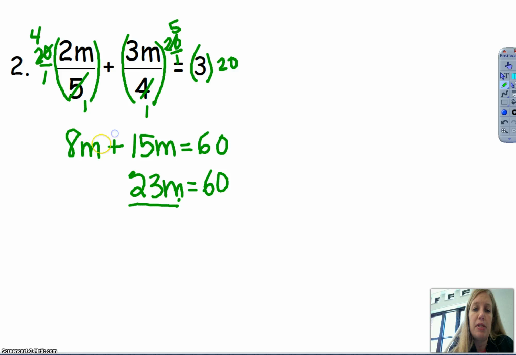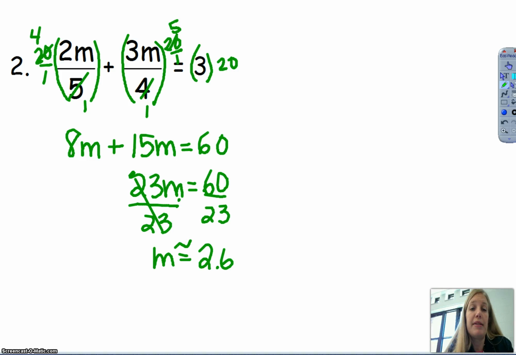Okay, divide both sides by 23. m equals 60 divided by 23. Okay, we're going to estimate that. We're going to say it's 2.6 approximately because we had to round. There's no repeating there. So again, you're going to use the LCD to cancel out and then combine like terms and divide out.